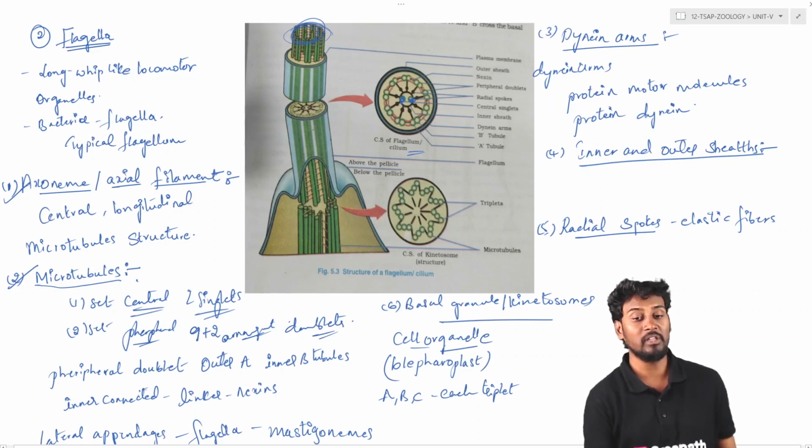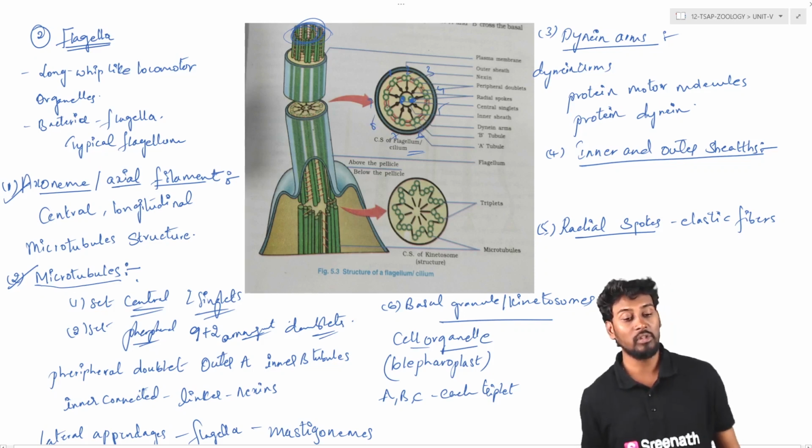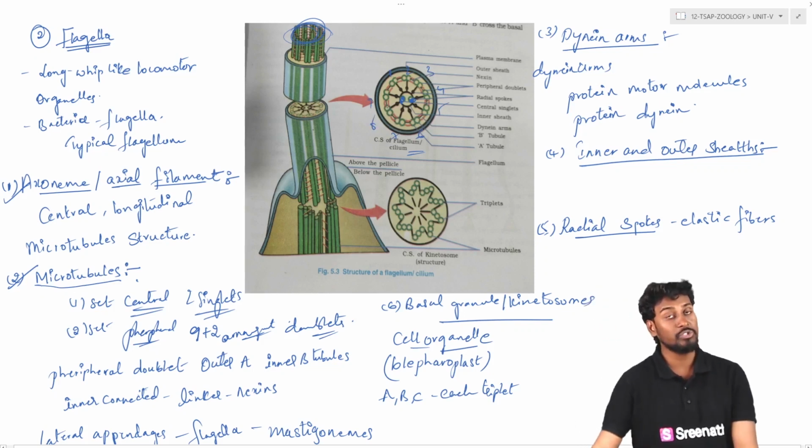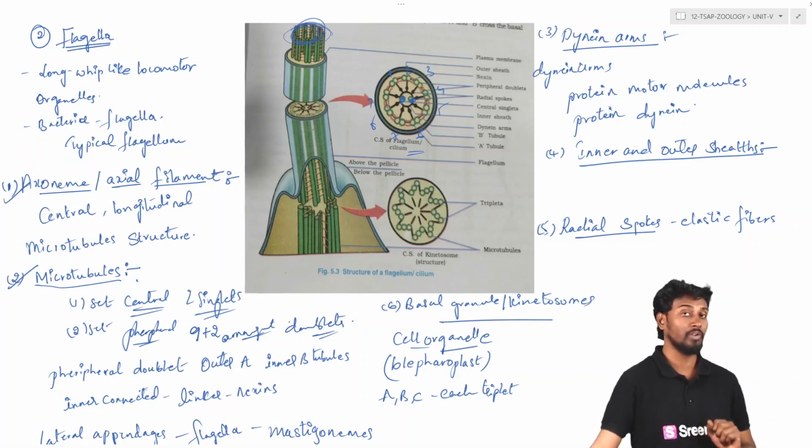For example, this is the first one. When you count, there are generally 9 units, and each unit consists of 2 together. This is the 9+2 arrangement, that is the peripheral microtubule.